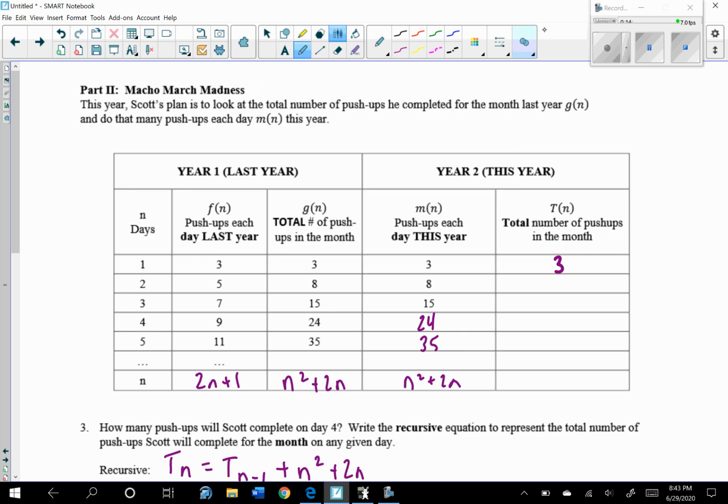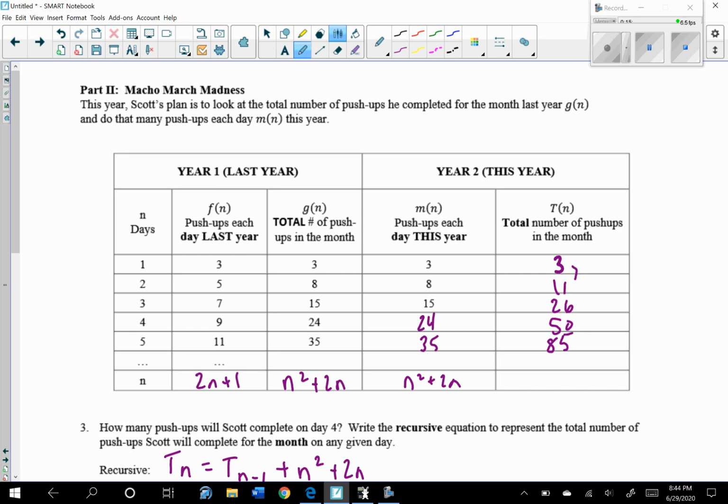And then 3 plus 8 is 11. 15 plus 11 is 26. 24 plus 26 is 50. 85. And then if we subtract to find the difference.